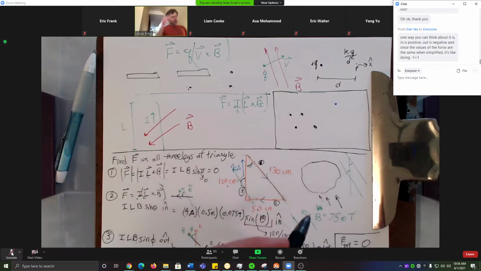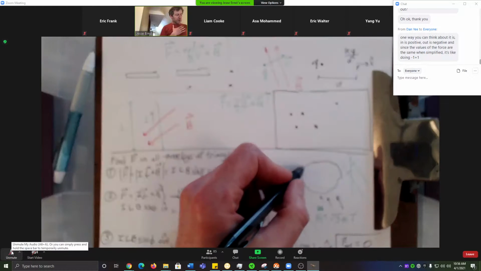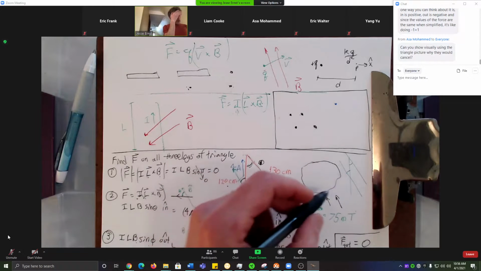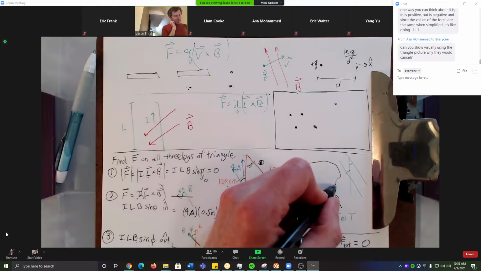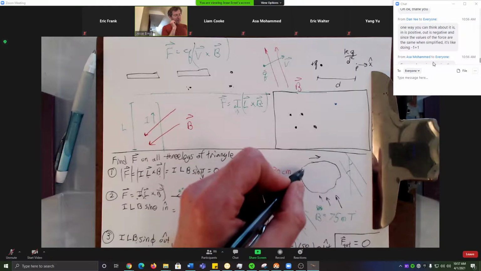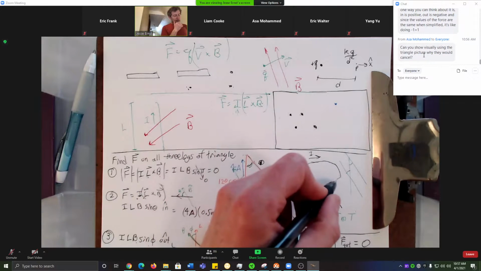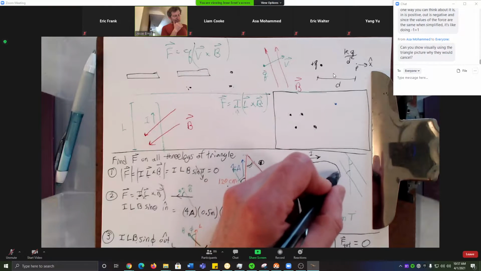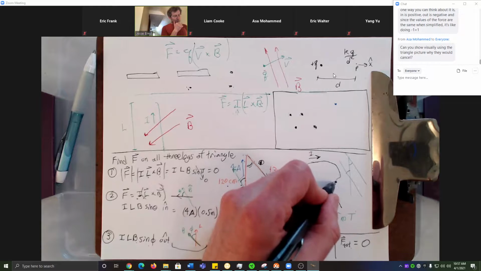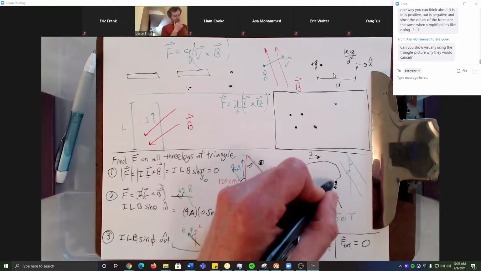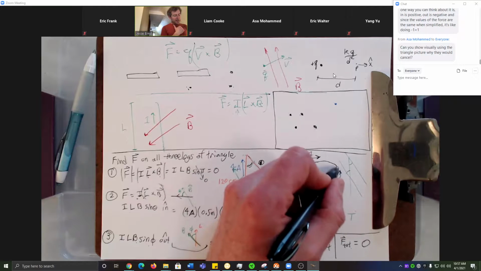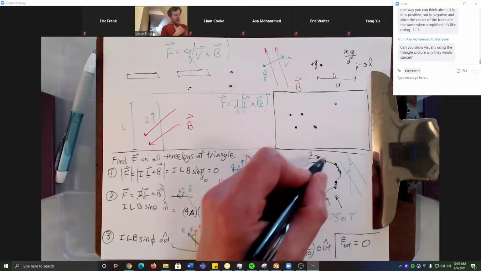We're not going to do a formal proof, but if you're trying to think about this, you can sort of see it. Let's say you have a current going around this way. You could evaluate the force on this loop by splitting it into little segments and evaluating the force on each little piece of the loop.